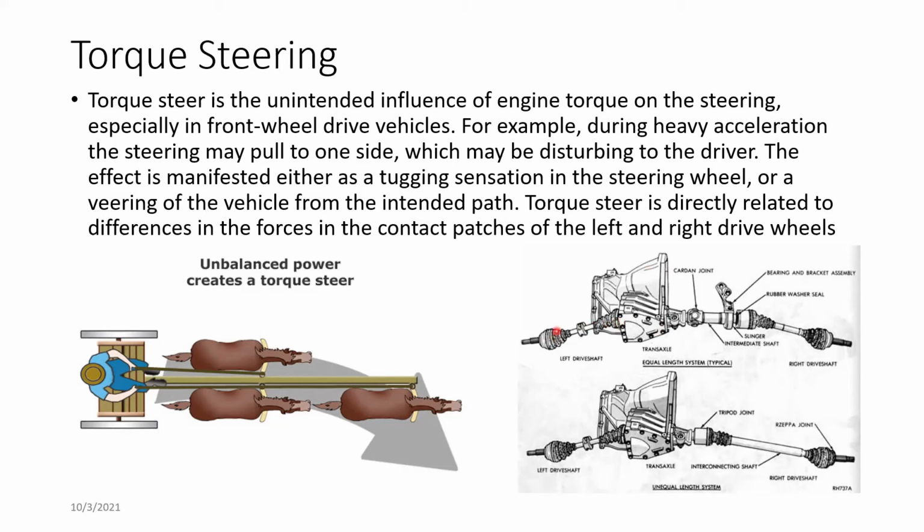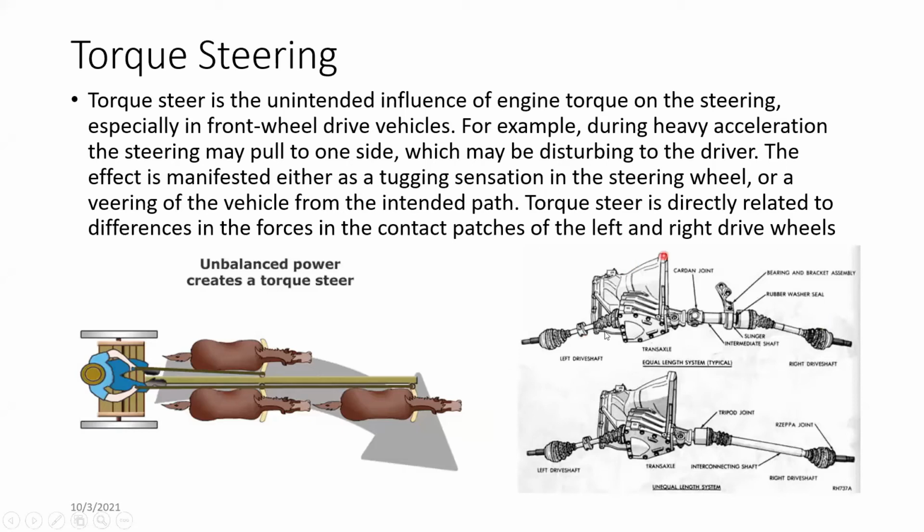If you look at the image over here, the output shaft length on the left drive shaft is actually smaller than the length of the right drive shaft, right? So you have too much torque going into one side. One side is getting too much torque.